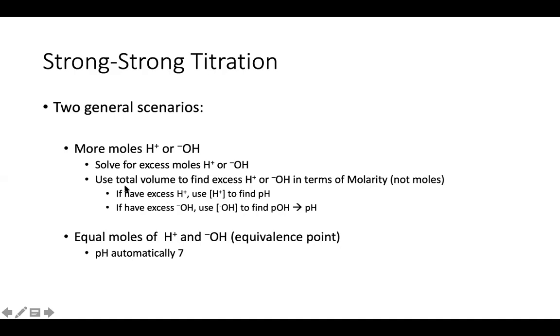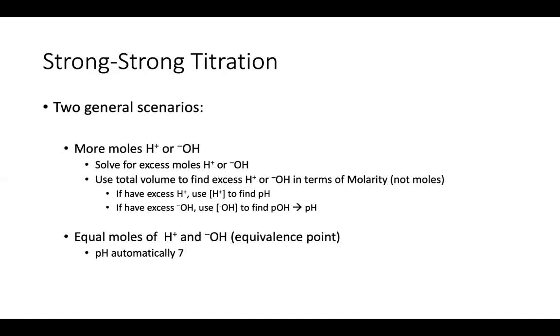Now, one thing I really emphasize is total volume. One thing to be very careful of is that there's going to be a volume associated with our acidic species. So we might have 100 milliliters of a strong acid and 200 milliliters of a strong base.